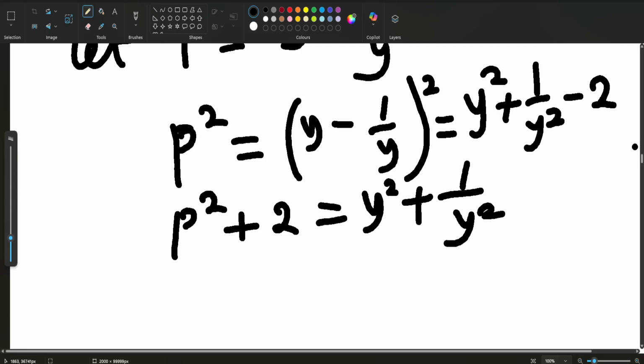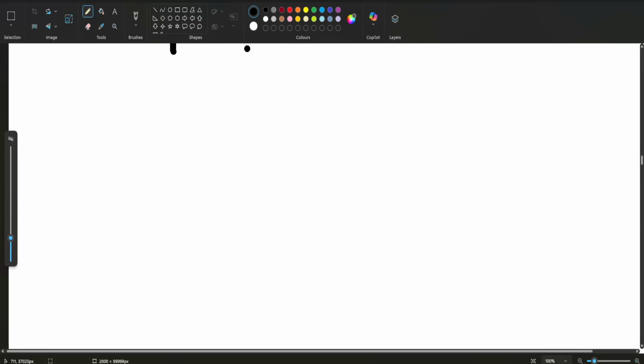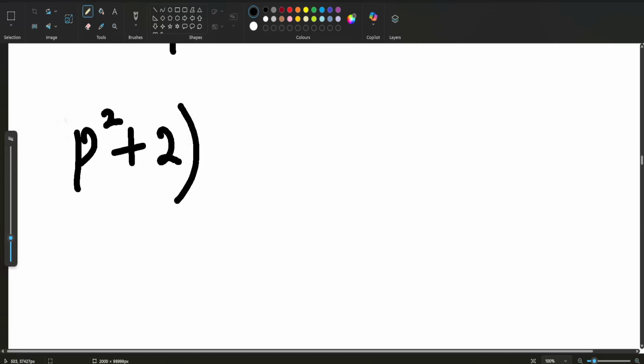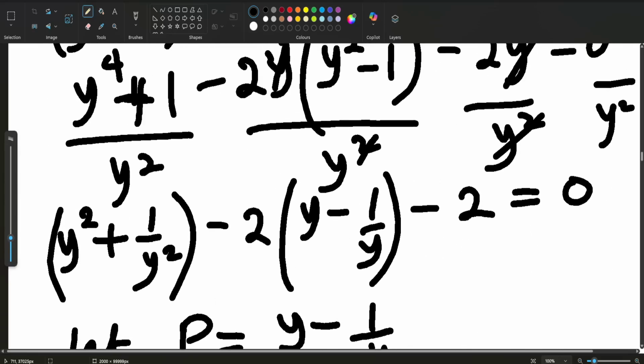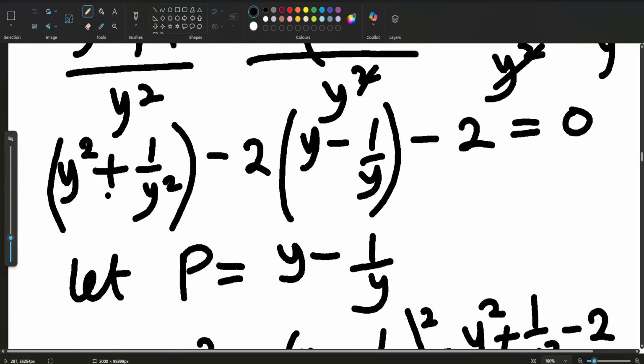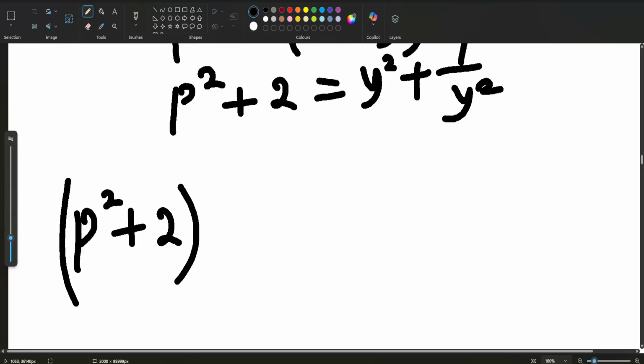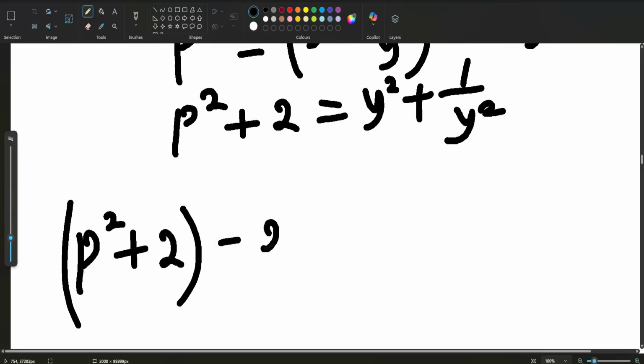Anywhere we see y squared plus 1 over y squared, we replace it with p squared plus 2. So it's going to be p squared plus 2, that's this one, then minus 2p, then minus 2 equals to 0.